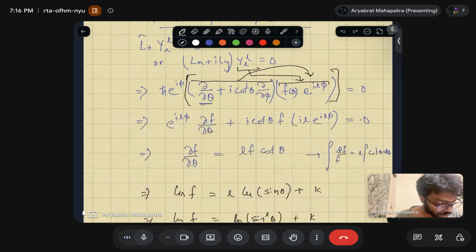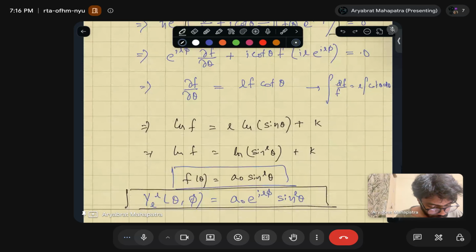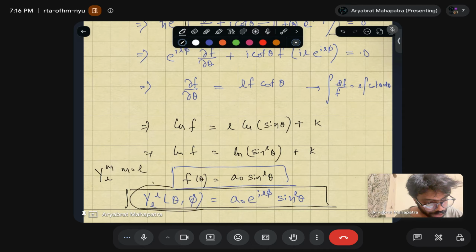This we have found out for one specific value of m. Only for m equal to l have we found a solution. But if we want to know what it will be for m equal to minus l, or for l minus 1, for that case you can operate L minus on here, so it will go to l minus 1.